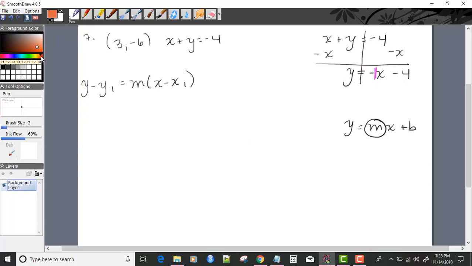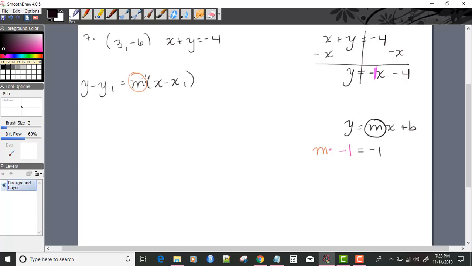Now, with perpendicular lines, the product of the slopes is equal to -1.